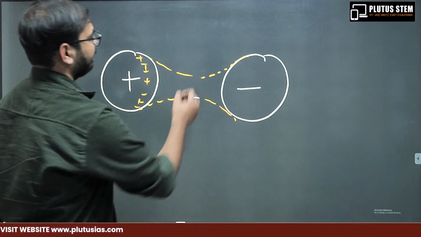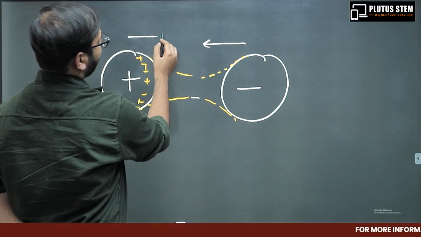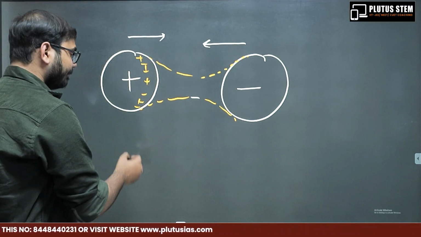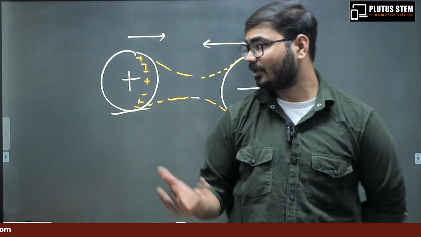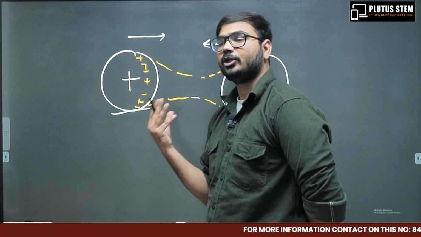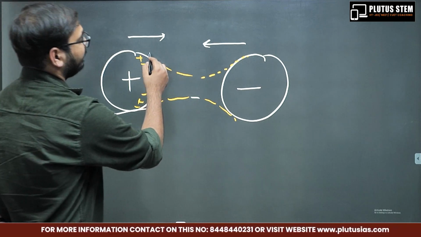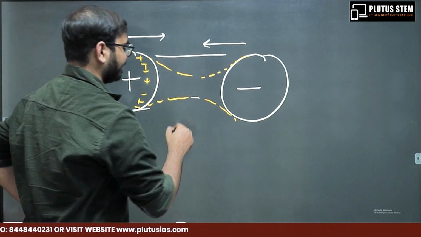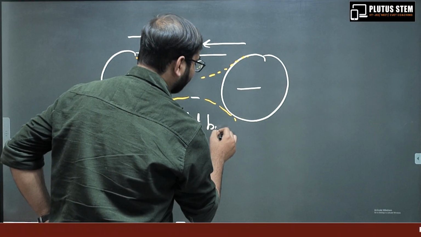Now you see that the negative charge is aligning itself in this direction and the positive charge is aligning itself in the direction of the anion. But we know that ionic bonds are non-directional in nature. But when the ions come close to one another, due to electrostatic forces of attraction, their ionic clouds are now getting directional in nature. And the moment they get directional in nature, this is the property of covalent bonds.